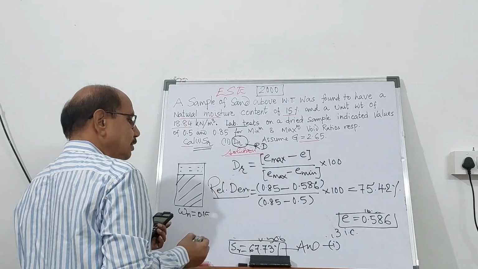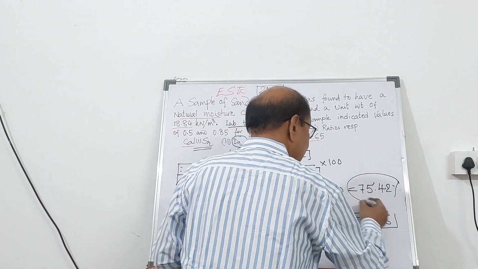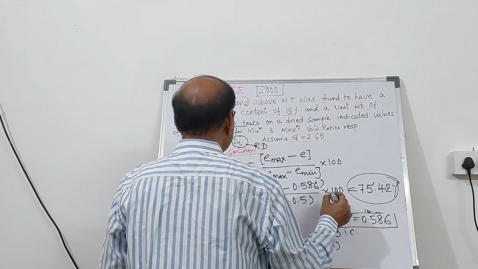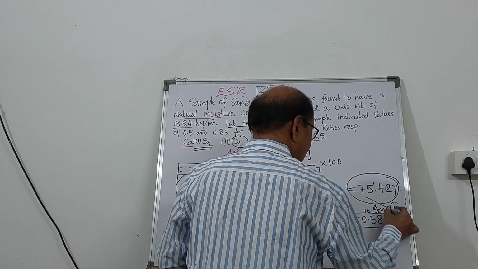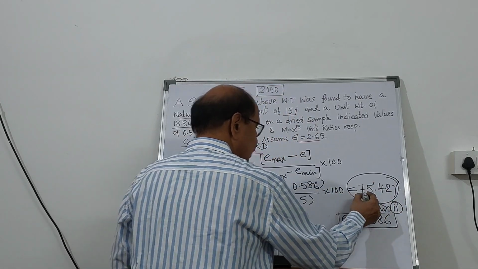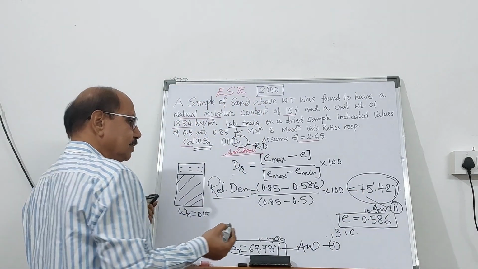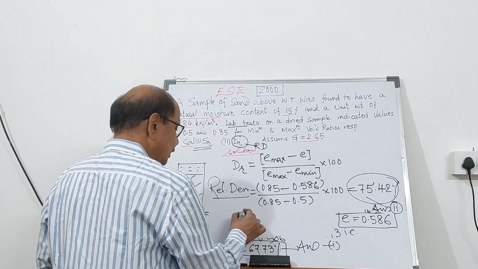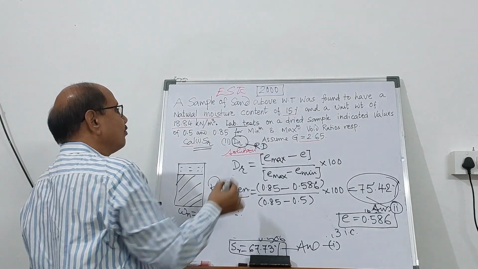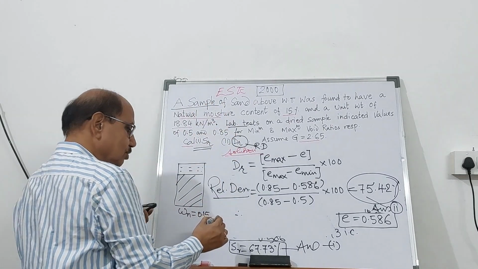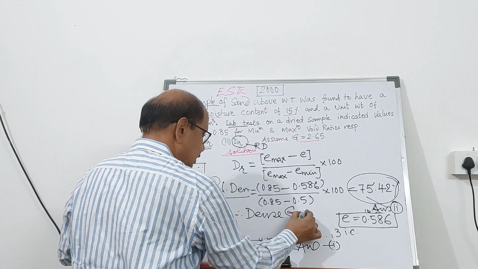In cohesionless soil, the relative density, because it is sandy soil, this is the answer to the second part. The value is 75%, which is more than 70%. Therefore, the ground from where you have collected the sample is going to be dense ground.